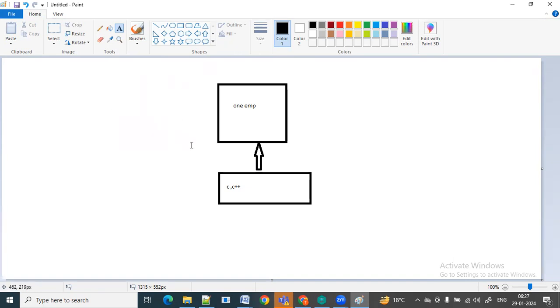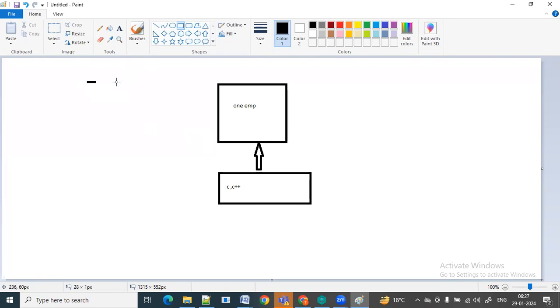Before 1960, we'll be having only notepads and documents, Word documents, Excel, only these kinds of things. Correct? Now, this one employee got entered and this will be stored in the notepad.